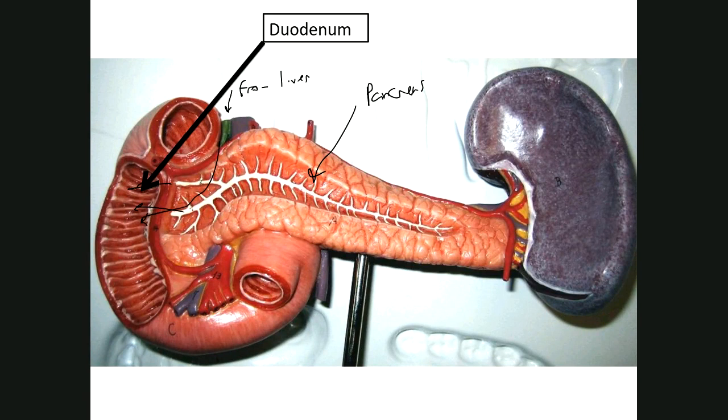And so these products that come from the liver and the pancreas are the ones that are going to do the digestion. So the small intestine is a location, it's a place for digestion to happen. But the digestive system products are made by the pancreas and the liver, and we'll talk about those later on.